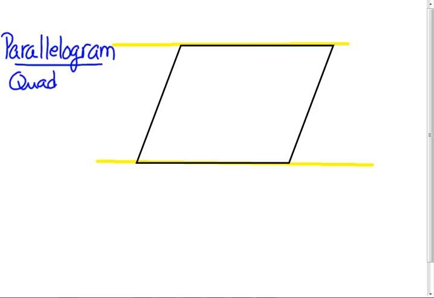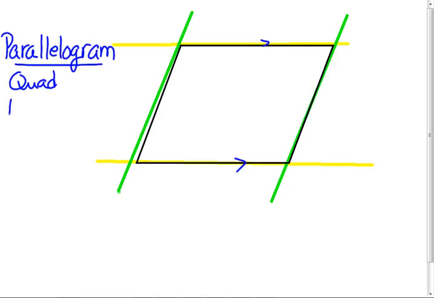And what's true about the opposite sides? Both pairs of opposite sides are parallel. So these are parallel, and these are parallel. Because I have parallel lines, I get a lot of good stuff with it.